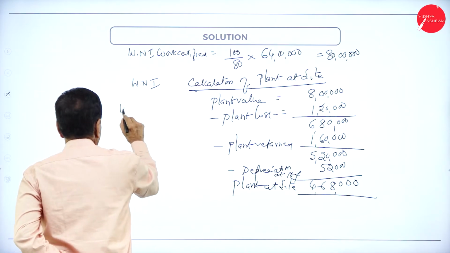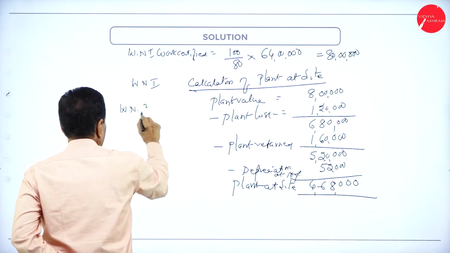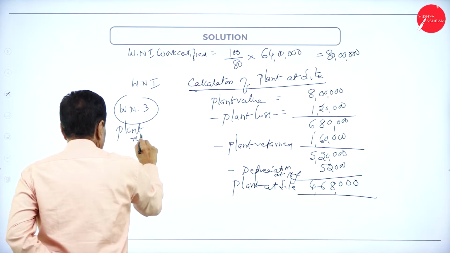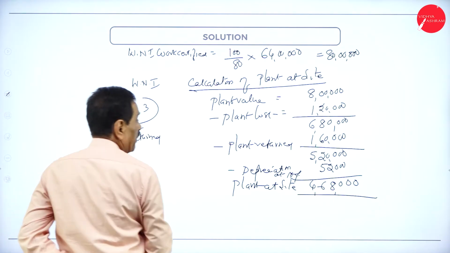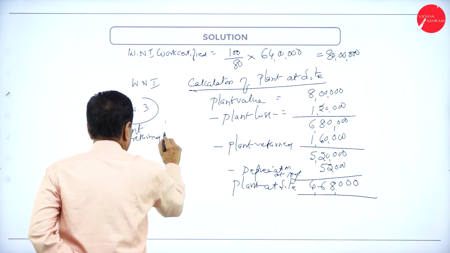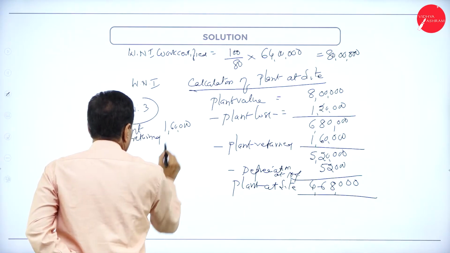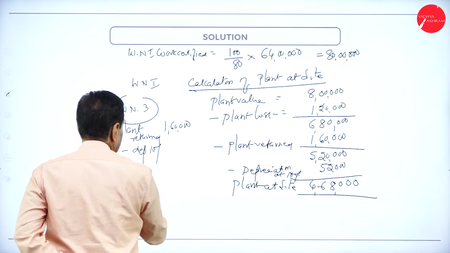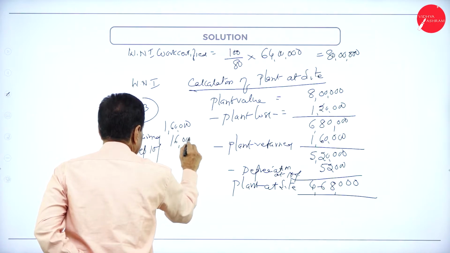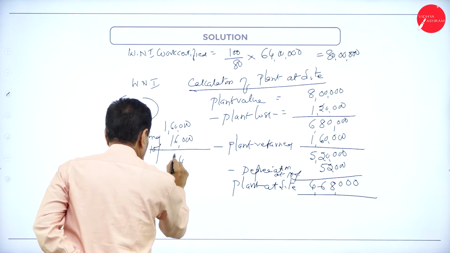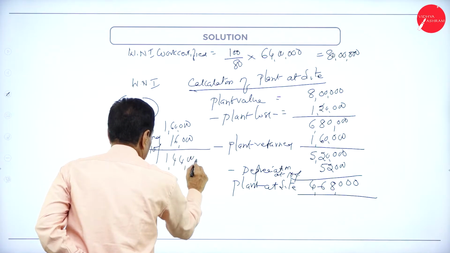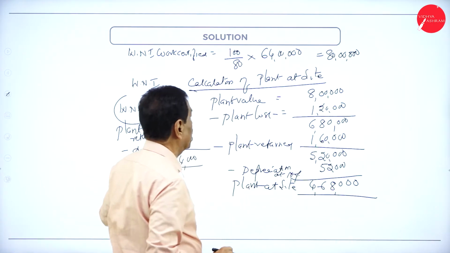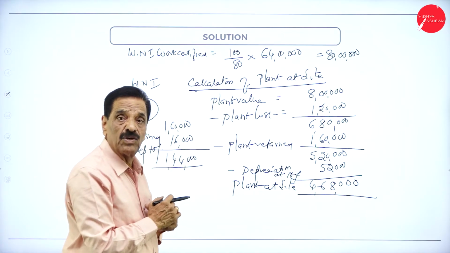Working note number 3, plant returned: 1,60,000 minus depreciation at 10%, 16,000, is 1,44,000. This is before depreciation and this is after. This is the calculation you have to make.